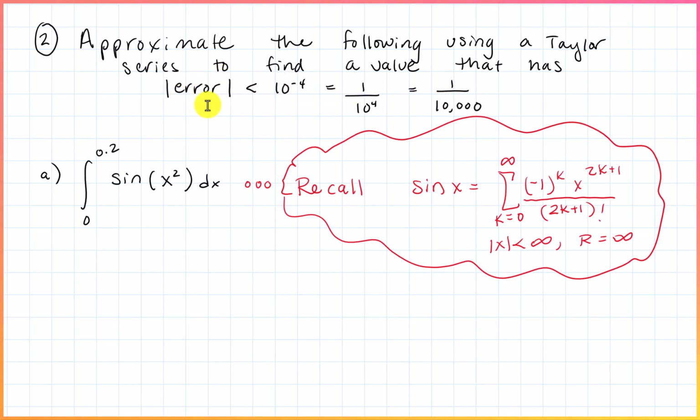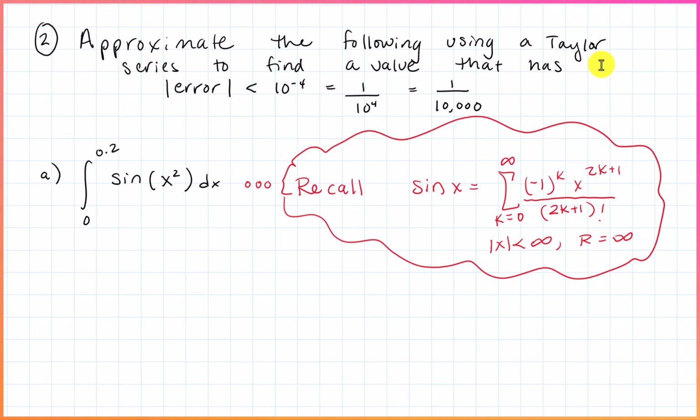We want to not just evaluate the integral, but evaluate the definite integral, which will give us a numeric power series, and then we're going to approximate this value right here, because we know that a definite integral represents a number, a value. We want to approximate this value to within the actual value, where the error is going to be less than 1 over 10 to the fourth, 1 over 10,000.